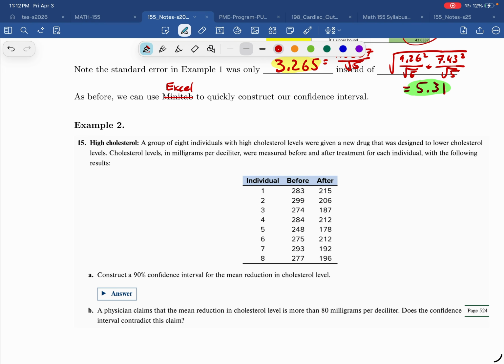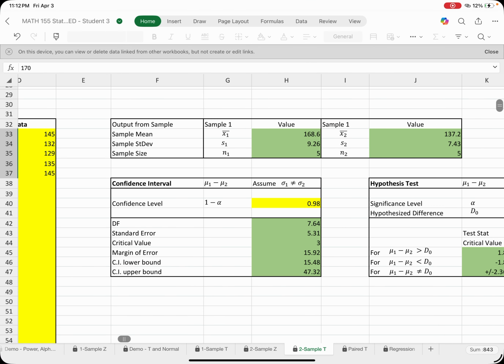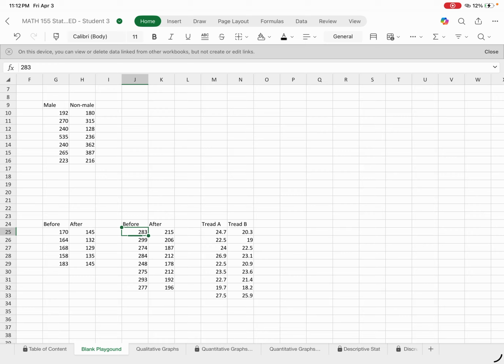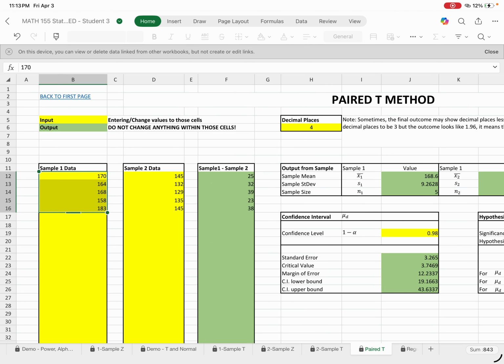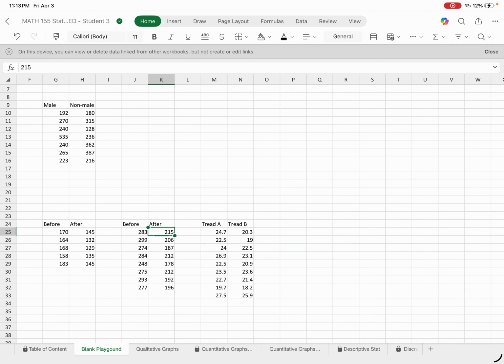So you can pause the video and read this, but we're gonna do the same thing as before, right? Create a 90% confidence interval, based on this data. And then we'll copy this guy.